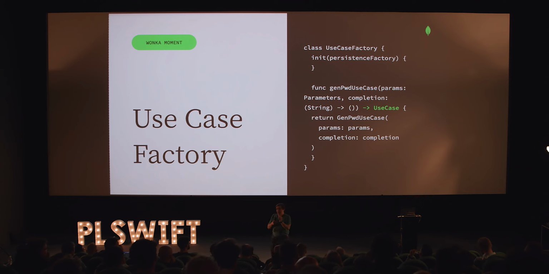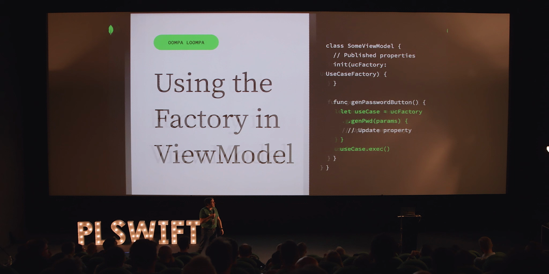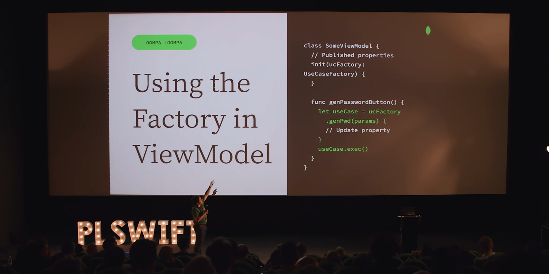You just care about it implementing the command pattern, okay? So now you can go inside your view model and respond to the event of the user tapping on the generate password button, create a use case on demand for that, and execute that use case.